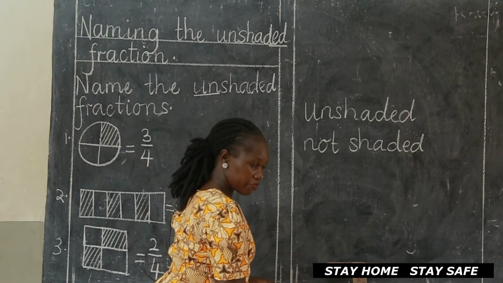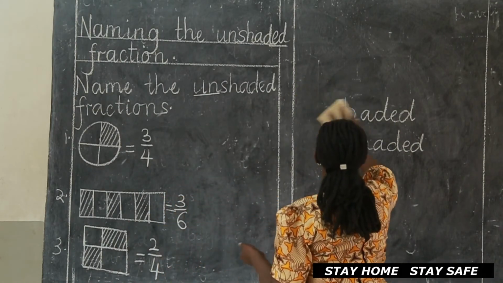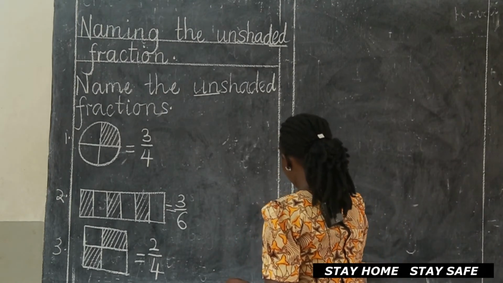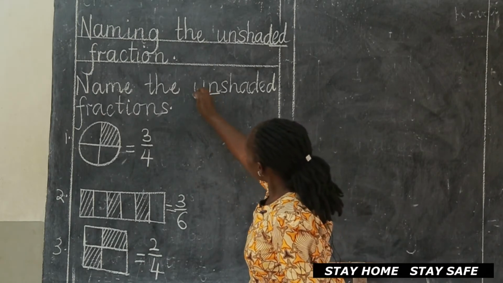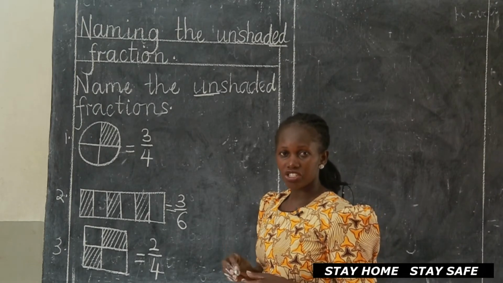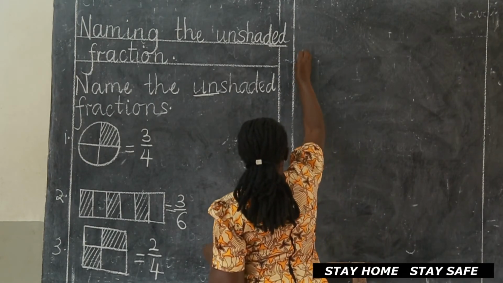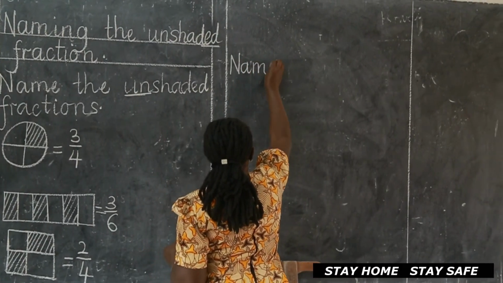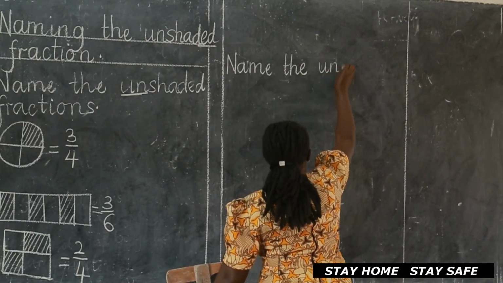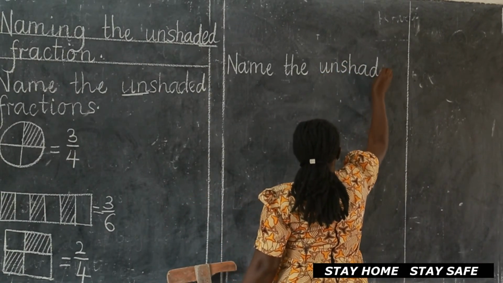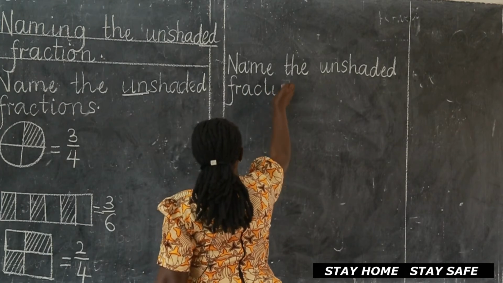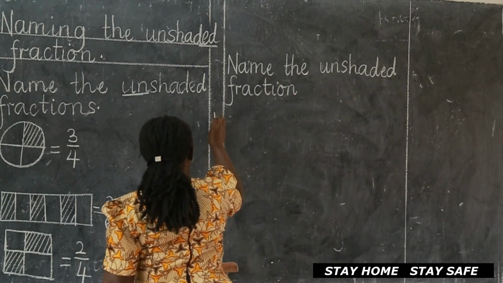Right now, I'm going to give you some few numbers. You name for me the unshaded fractions. Remember, unshaded means not shaded. Don't count the shaded fraction, you are counting the unshaded fraction. Name the unshaded fraction. 1.